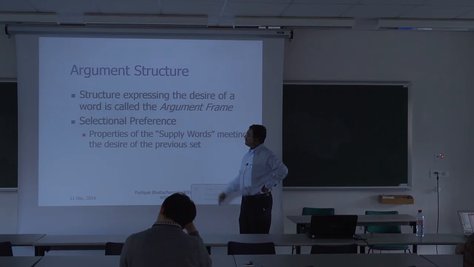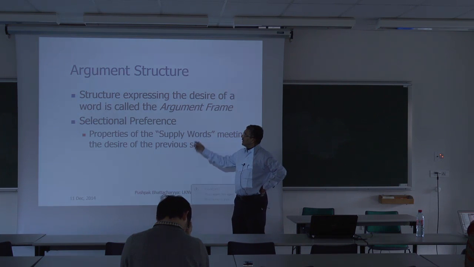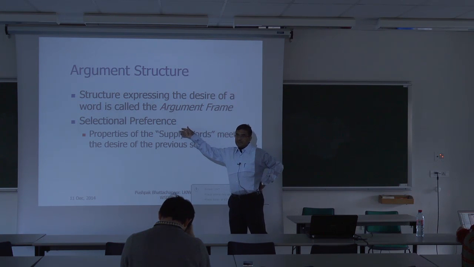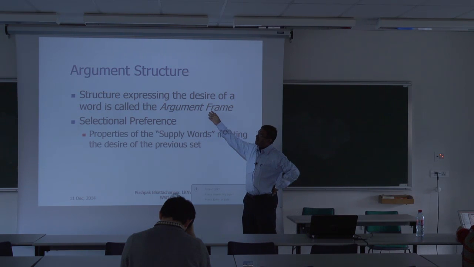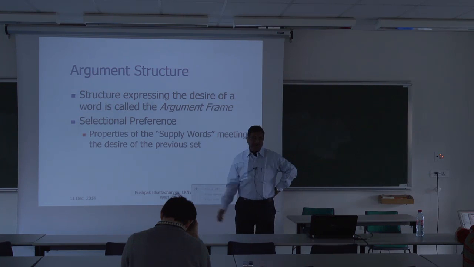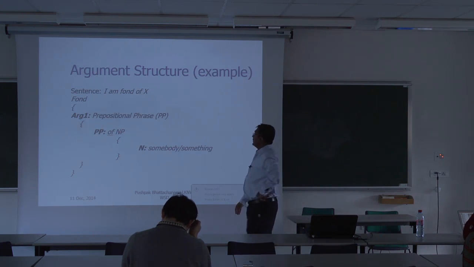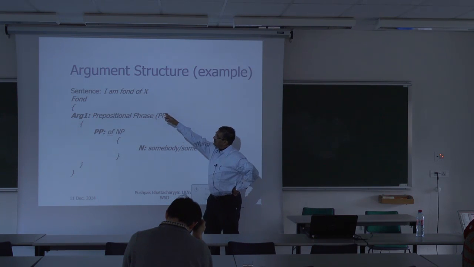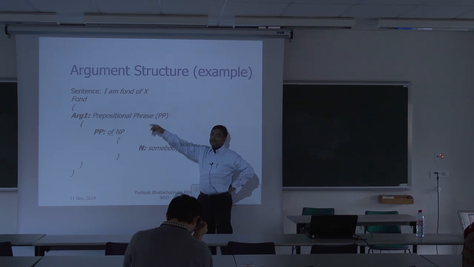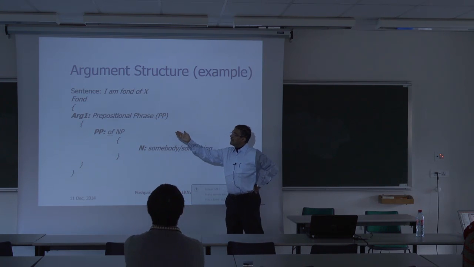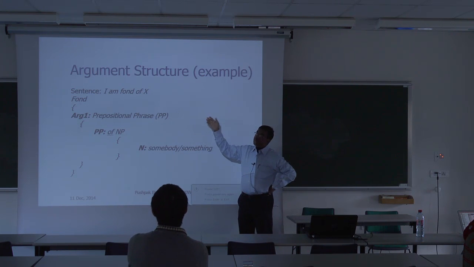the argument frame. And then there are these selectional preferences, where there are supply words which satisfy the demand of the other class of words. So they have selectional preference. So if we take the word fond, for example, in English, you cannot finish a sentence with just I am fond.